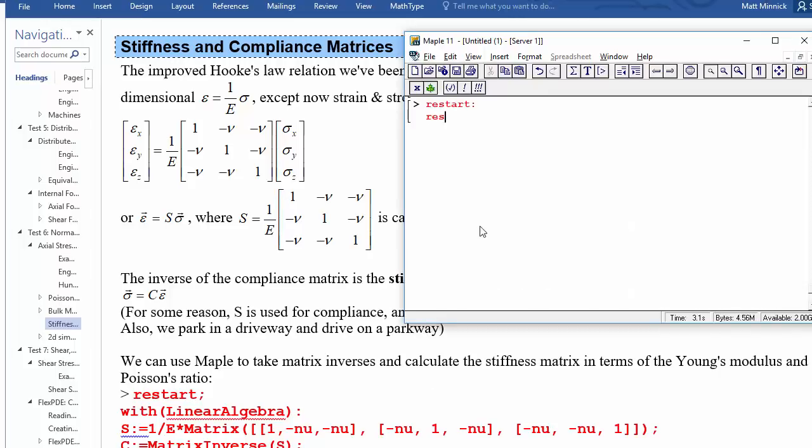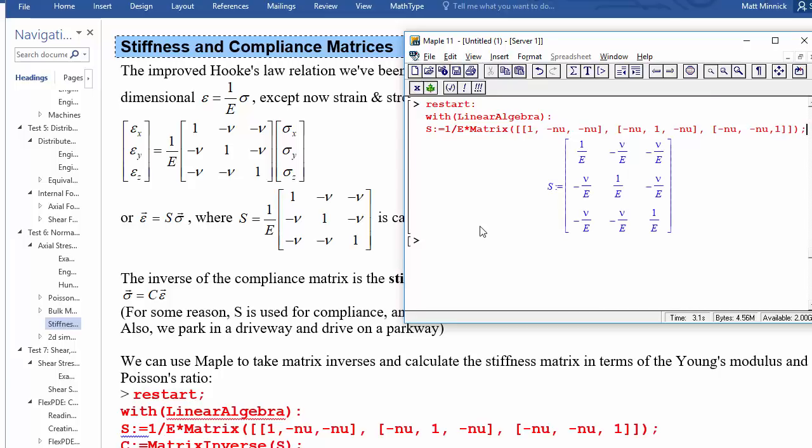Okay, so we've got the linear algebra package installed to be able to use matrices, and then we'll say that S is equal to 1 over E times matrix 1, negative nu, negative nu, negative nu, 1, negative nu, and negative nu, negative nu, 1. Close out that, and that should work.